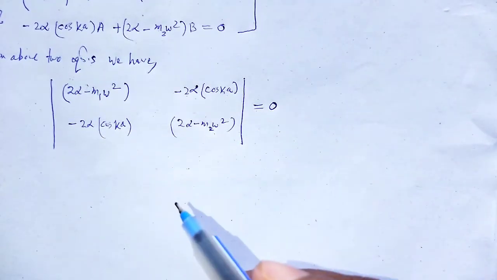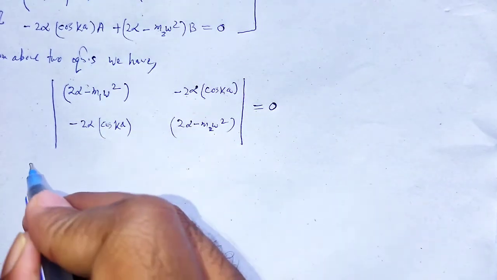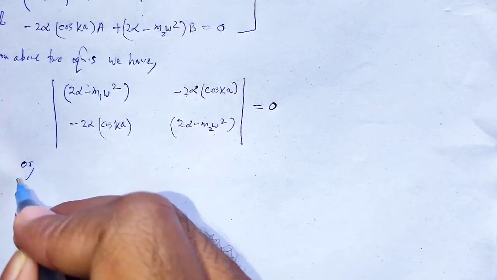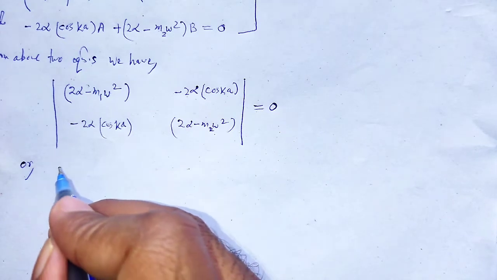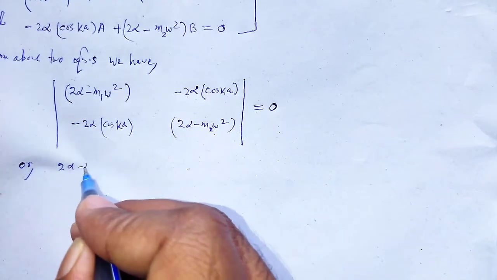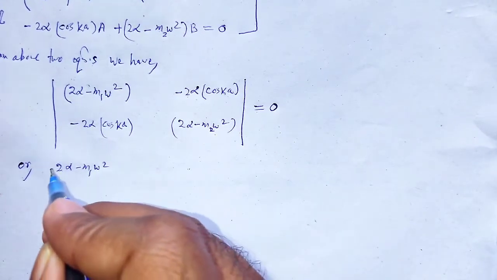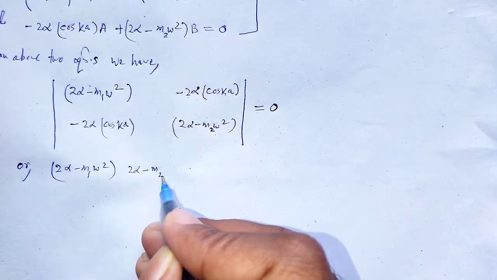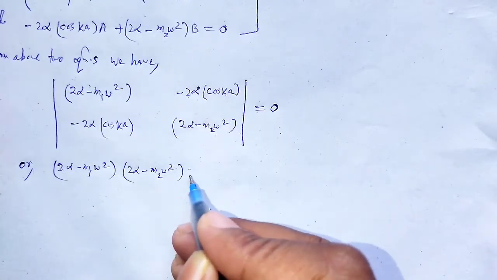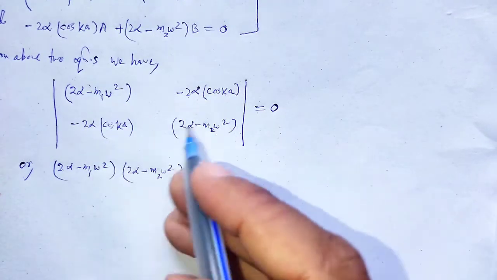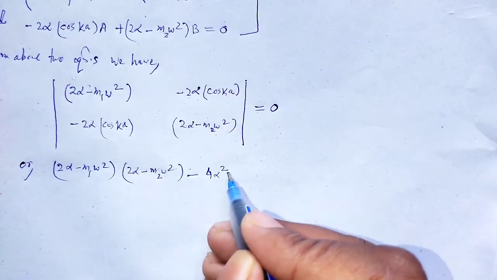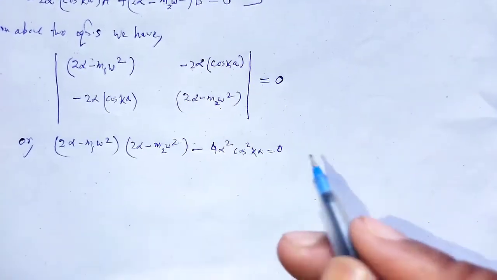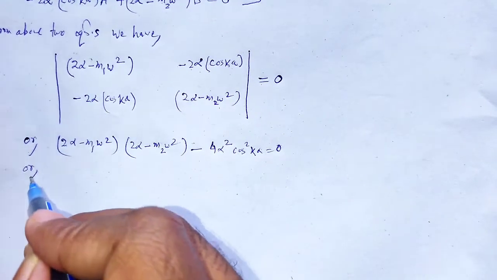Now solving the determinant: (2 alpha minus m1 omega square) whole into (2 alpha minus m2 omega square) minus the multiplication 4 alpha square cos square ka is equal to 0.